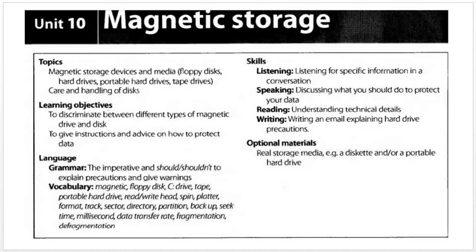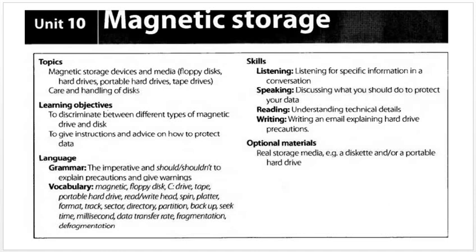Okay, skills. Listening. In the listening section we have listening for specific information in a conversation. Speaking. In the speaking skill we have discussion: what you should do to protect your data. In reading, understanding technical detail.